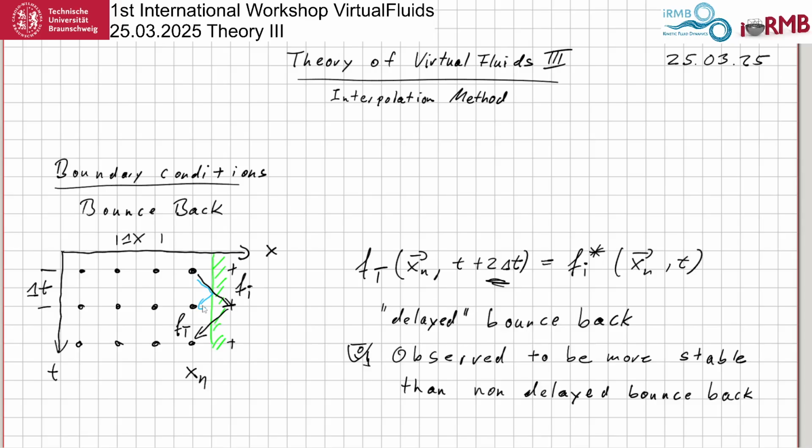Look at the node at x0 delta t where you have the blue arrow. If you don't do the delay, then that one seems to be uncoupled to what is going on at the time step before. Okay, so they couple in different modes.